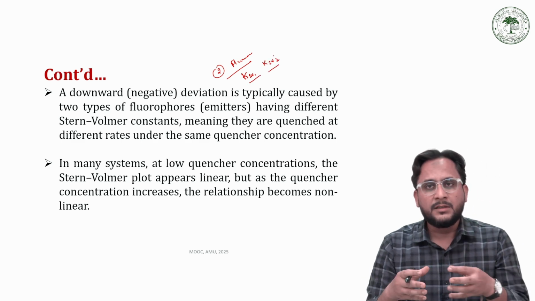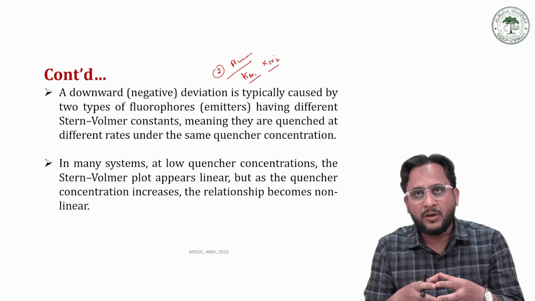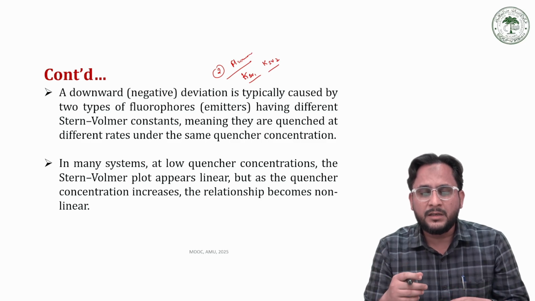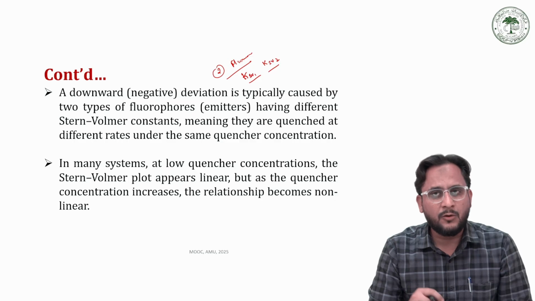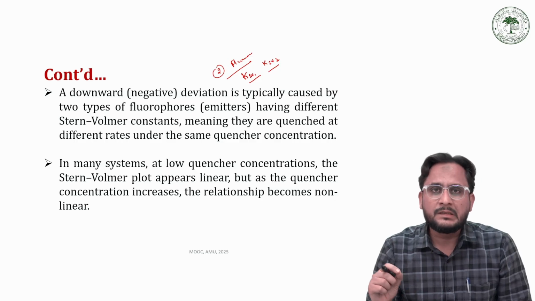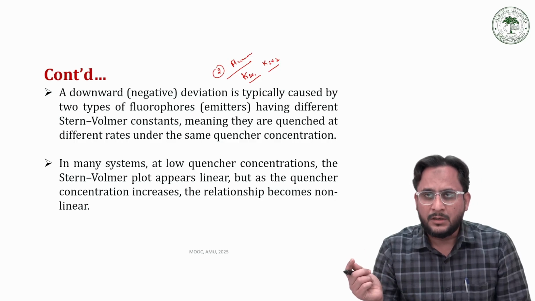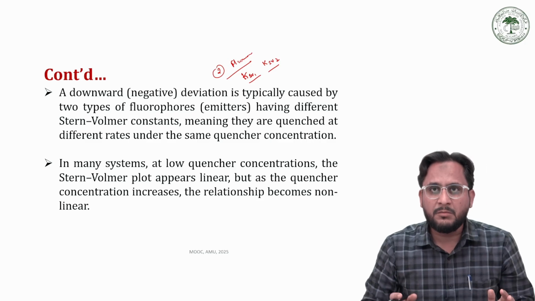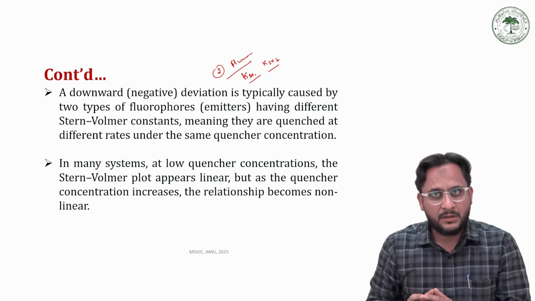Because of these two constants, we have a complicated phenomenon, and therefore the relation between I naught by I versus Q, or tau naught by tau versus Q, does not remain linear, it goes non-linear, and we observe a downward deviation. So this is all about the Stern-Volmer constant.